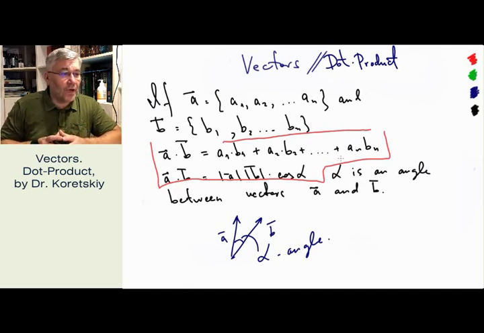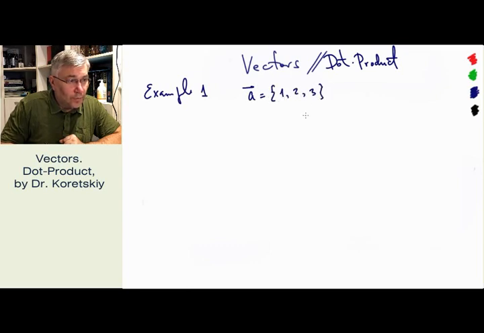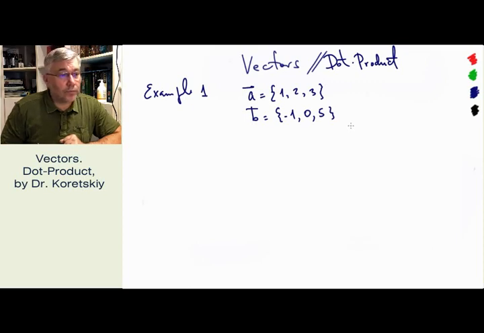Firstly, examples. So example 1, the easiest one. For example, A equals (1, 2, 3), and vector B equals, I don't know, (-1, 0, 5). And we have two things to find out.